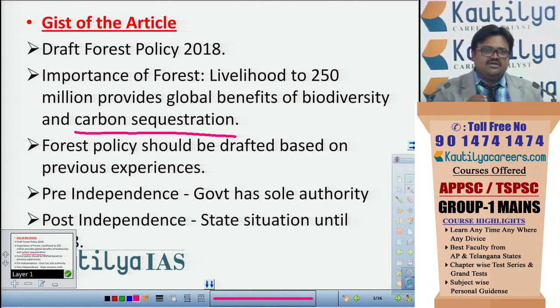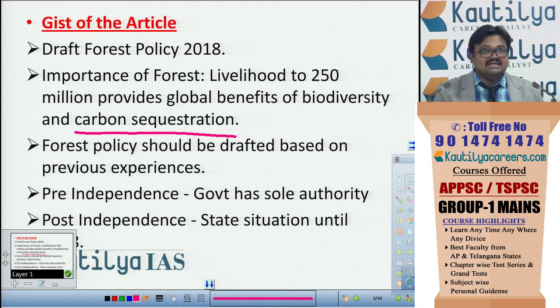Now, when you are drafting any policy, you have to take in the previous experiences also. There might be some problems with the previous policies, so we have to rectify them in the new policy. This is what generally we have to do. If you look at the pre-independence era, that is the British colonial era, you find that the government was the sole authority when it came to forests.